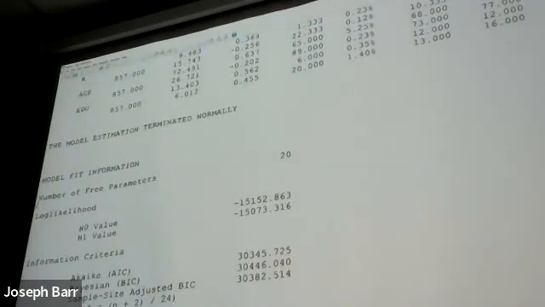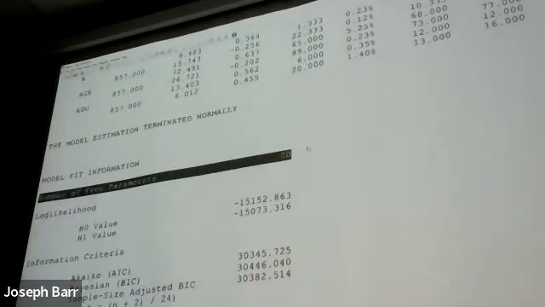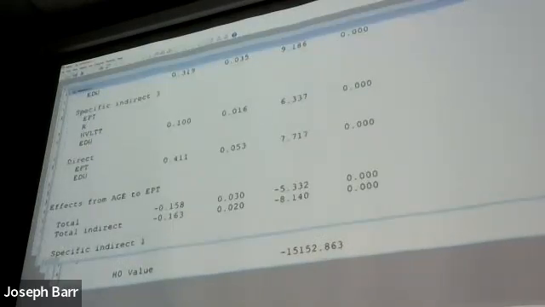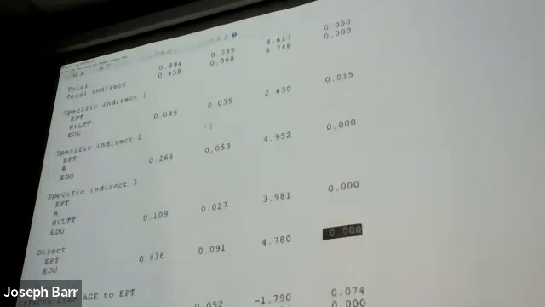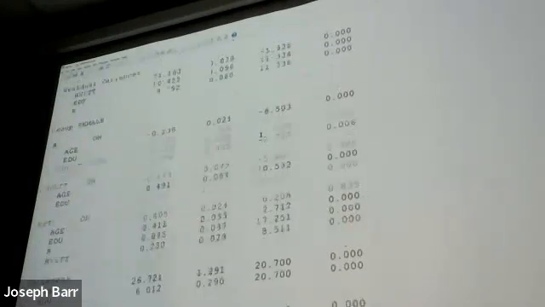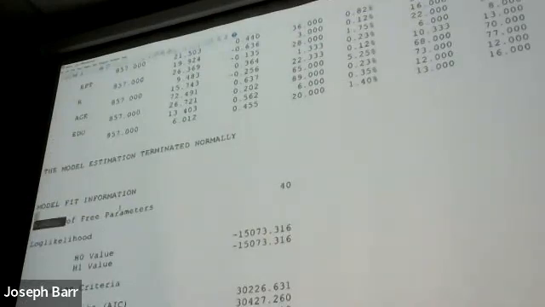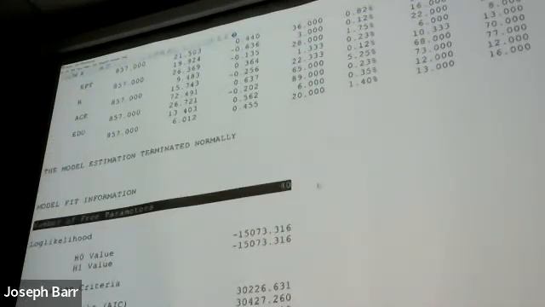And now let's look at number of free parameters. In this case, we only have 20. But remember, if you have two groups, that's 40, okay, because we doubled it. So if you go back to the different model, this code just reports two groups' parameters. So let's check here. The number of free parameters is 40.